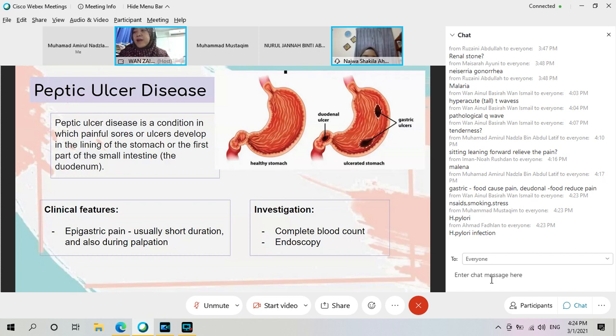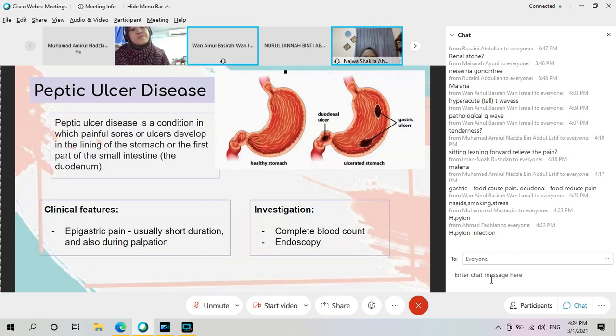So NSAID, why NSAID cause ulcers? Macam mana NSAID boleh cause ulcers? Anybody? Inhibition of cyclooxygenase.